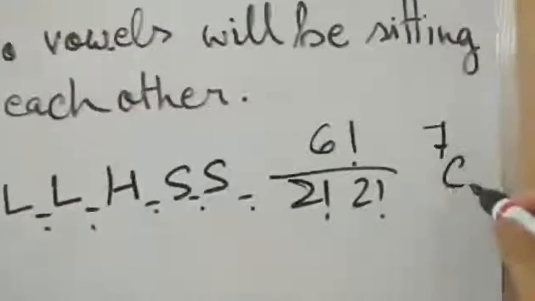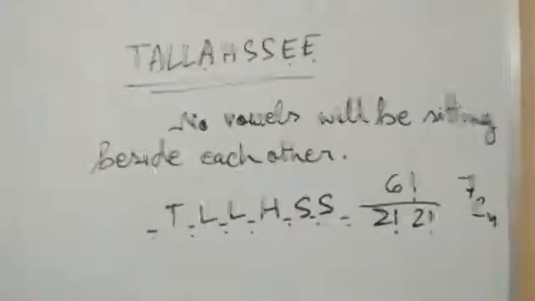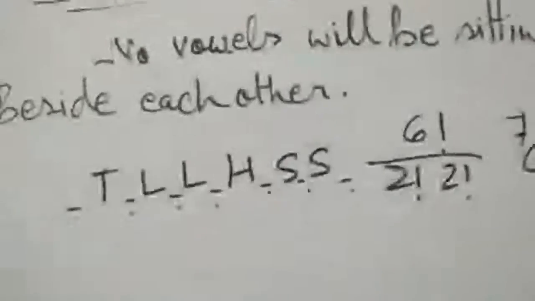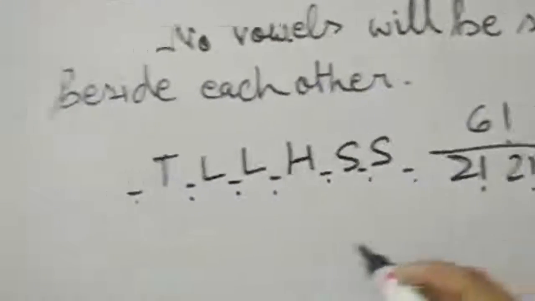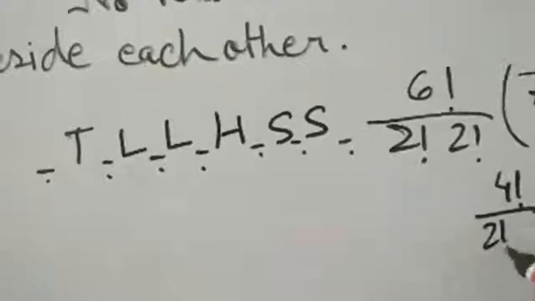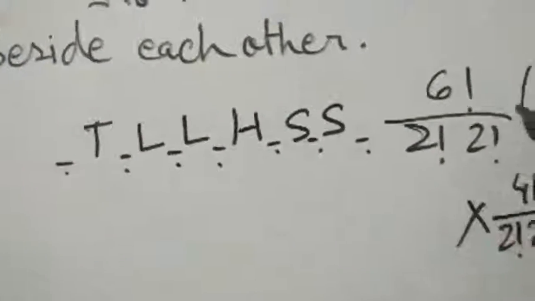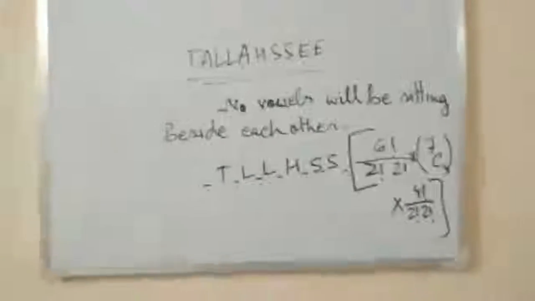So 7C4 places we need to choose, in between which these vowels will take place. Among these 4 places, they can be arranged in 4 factorial by 2 factorial into 2 factorial ways. All right, so this will be the answer for the particular problem.